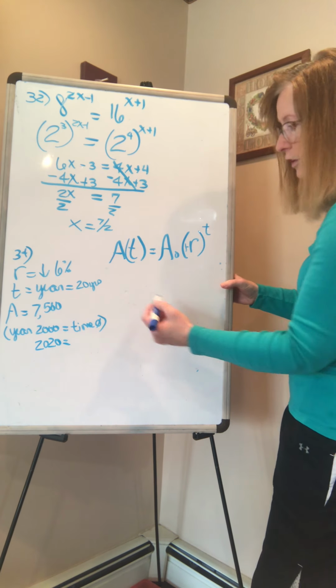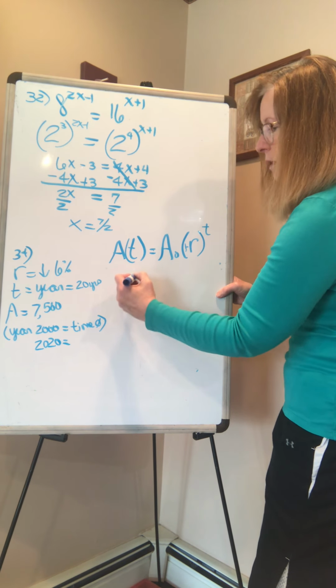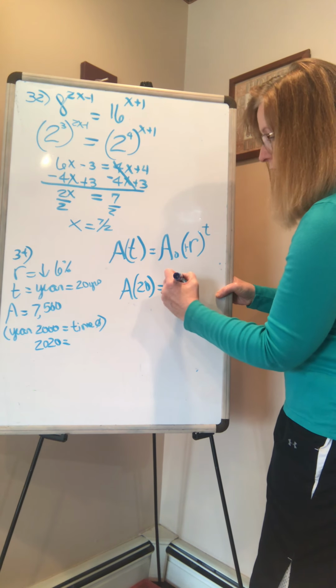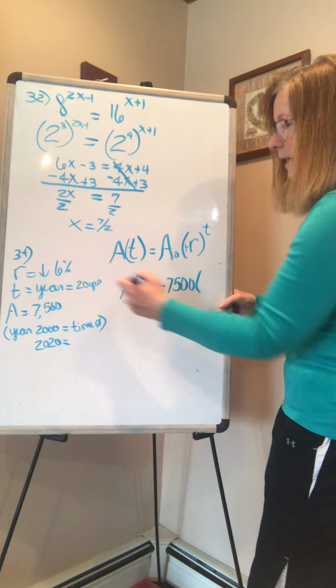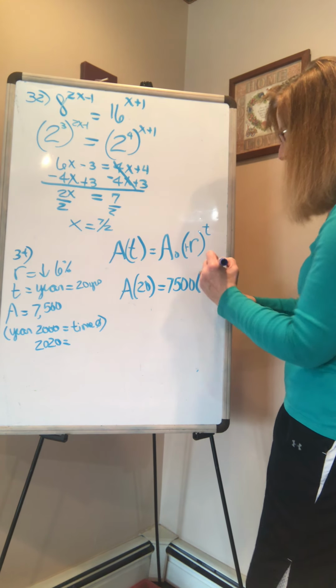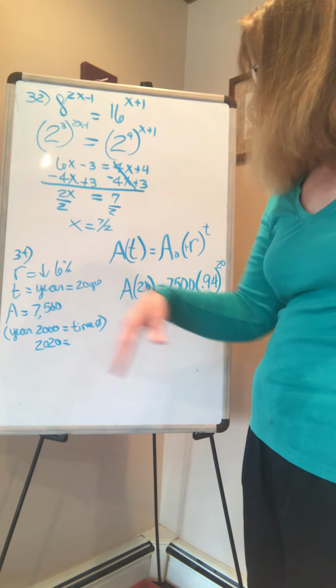So let's figure this out. The amount of people in 20 years started with 7,500, and 1 minus 6% would be 94% is what we kept, and we're doing this for 20 years. I don't even need a log on this problem.